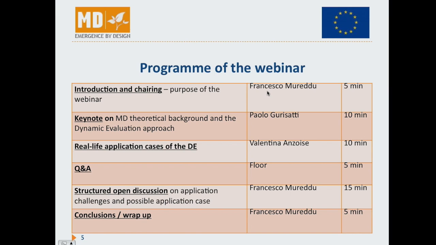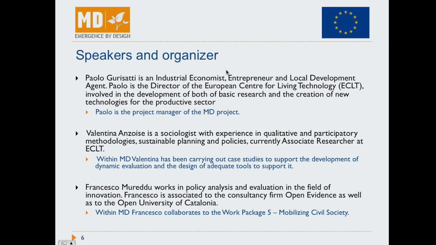And I proceed introducing the discussion, reminding everybody what we intend by dynamic evaluation of innovation processes, generally speaking, not only social innovation processes. The idea is to focus not only on the elements that differentiate a given situation ex post with respect to the same situation or a well-known situation ex ante.